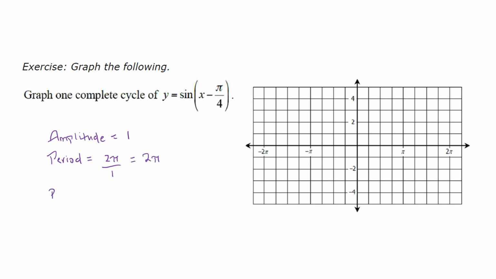And then the phase shift, because we have c present, is going to be negative times negative pi over 4 over 1, which then just gets us pi over 4. Okay? So our complete cycle of sine, our one full rotation of sine, is going to be shifted to the right pi over 4.